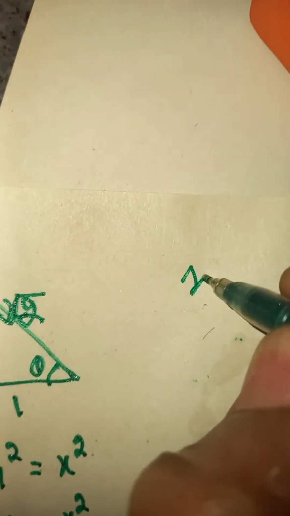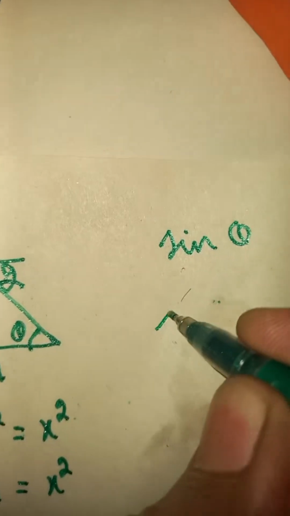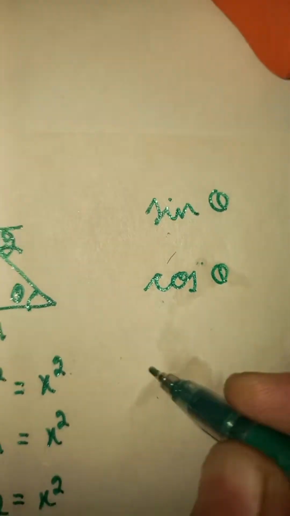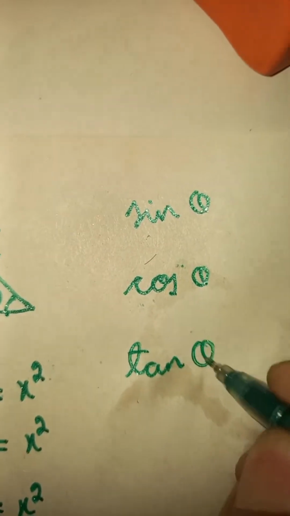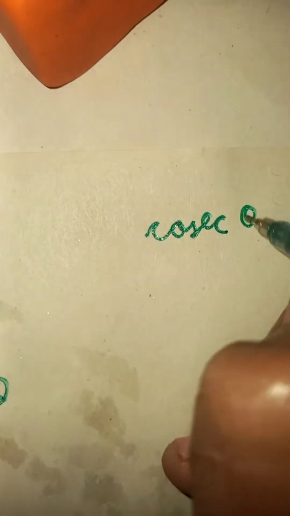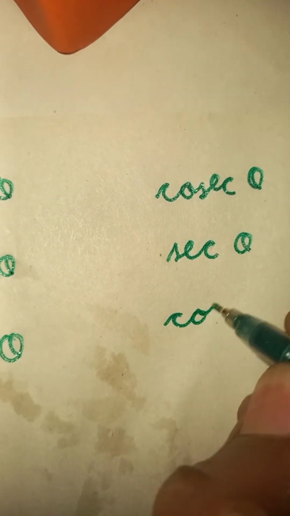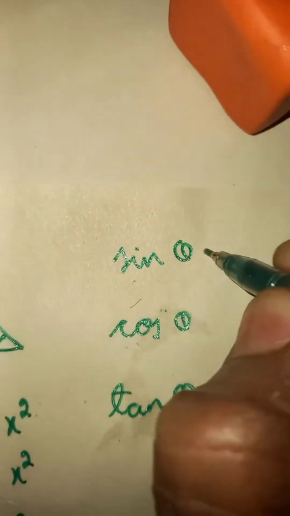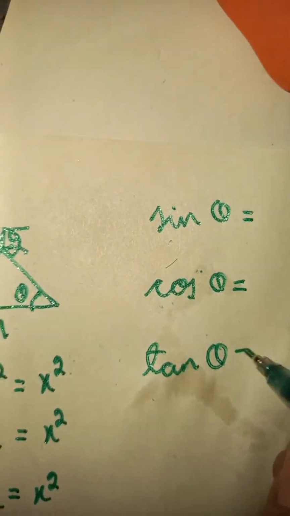Now let's find out different trigonometric ratios. Sine of theta, cos of theta, tan of theta. Other three are cosecant of theta, secant of theta, and cot of theta. Here, let's find them out.